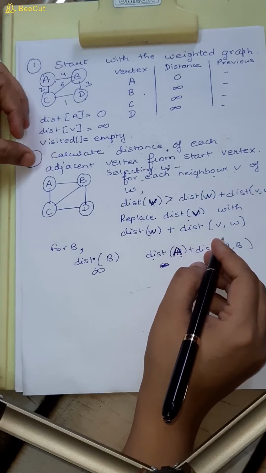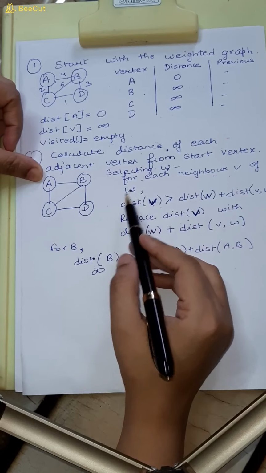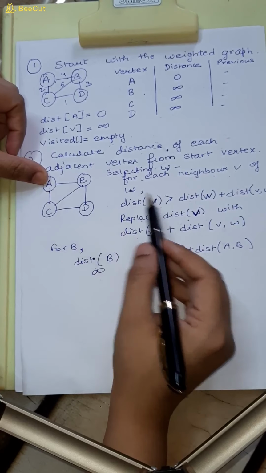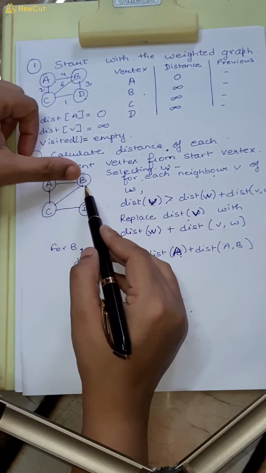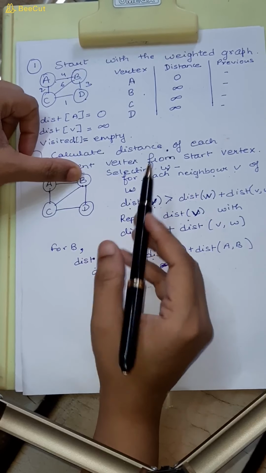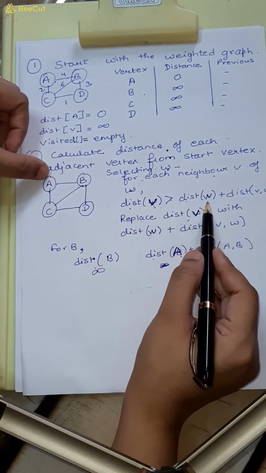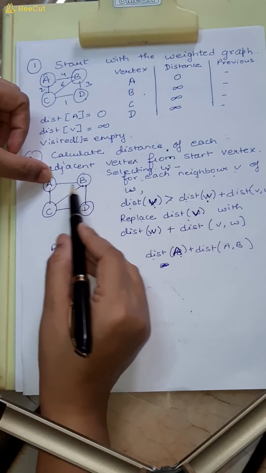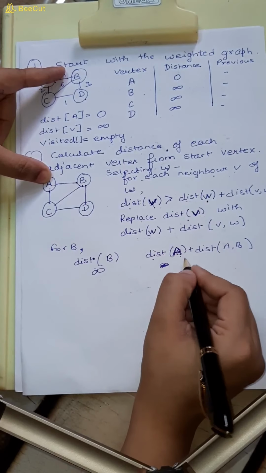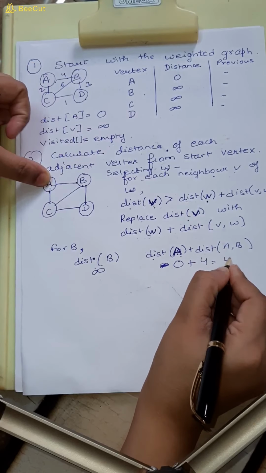For each neighbor V of W, here V is B and W is A. Now we have selected A. So for each neighbor you have to check the distance of B. The distance of B is infinite, and on the right side you see the distance of W, that means the distance of A, plus this edge cost, which is given as 4. The distance of A is 0, see the table, plus the distance from A to B is 4, so this value comes as 4.